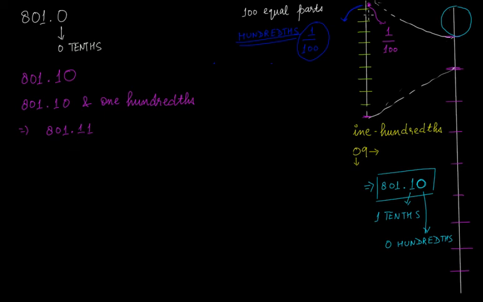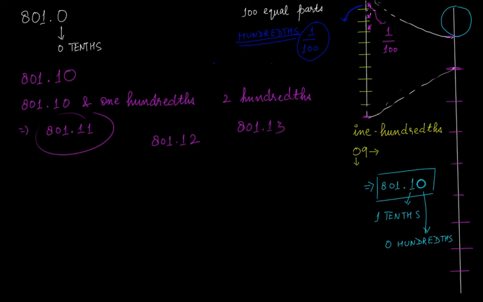Now you are given another one. So this will be, now you're having 200ths. So in this case, this number will change to 801.12. If you're given this one more, so this will be 801.13.